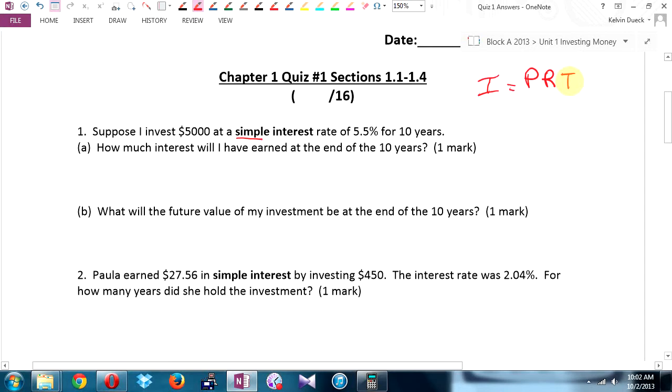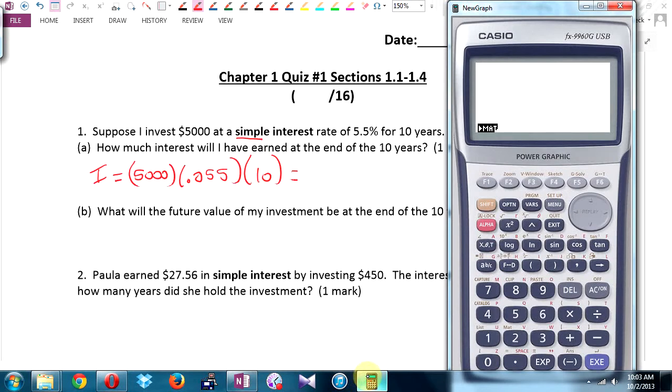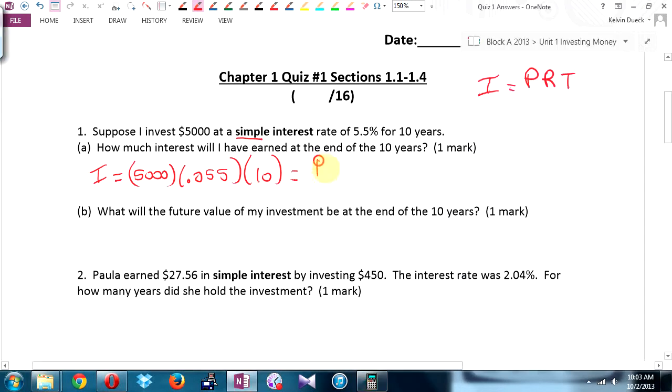So if I want to find out how much interest, it's going to be principal times the rate as a decimal, 0.055, times 10 years, 5,000 times 0.055 times 10 years. I'm going to earn, holy smokes, $2,750 worth of interest.